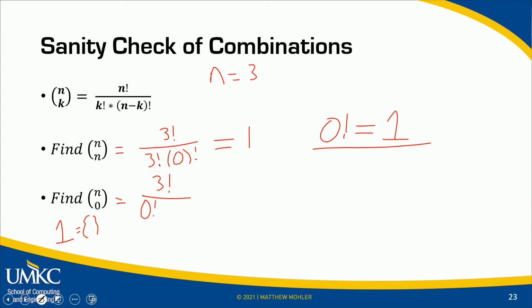And then we have n minus k, or 3 minus 0, which is 3 factorial. Again, this goes away because it is 1, and we're left with 3 factorial over 3 factorial, which is 1. And so again, we've kind of shown that there is an empty set as a possible combination and that this does hold up.